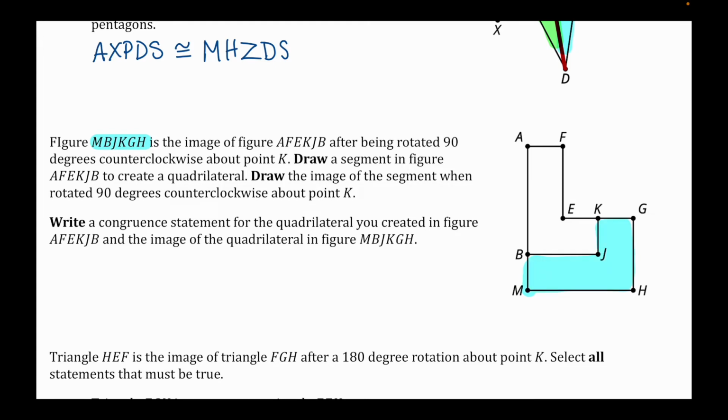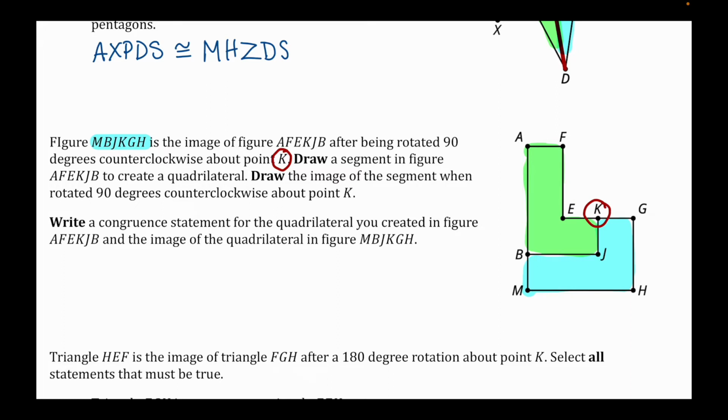This one right here. It's the figure of AFEKJB after being rotated 90 degrees counterclockwise about point K. Okay, so that's the image of this green one right here. And we're rotating it around point K. I'm just going to make that obvious for myself. So point K is right here.